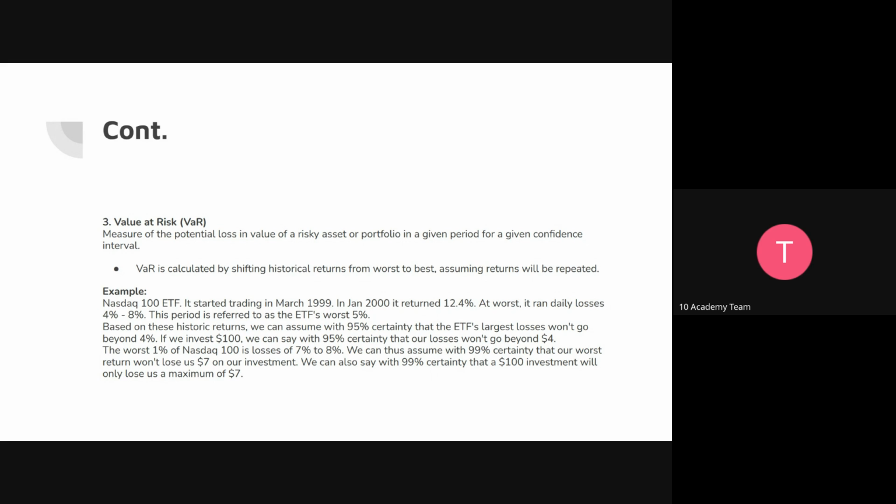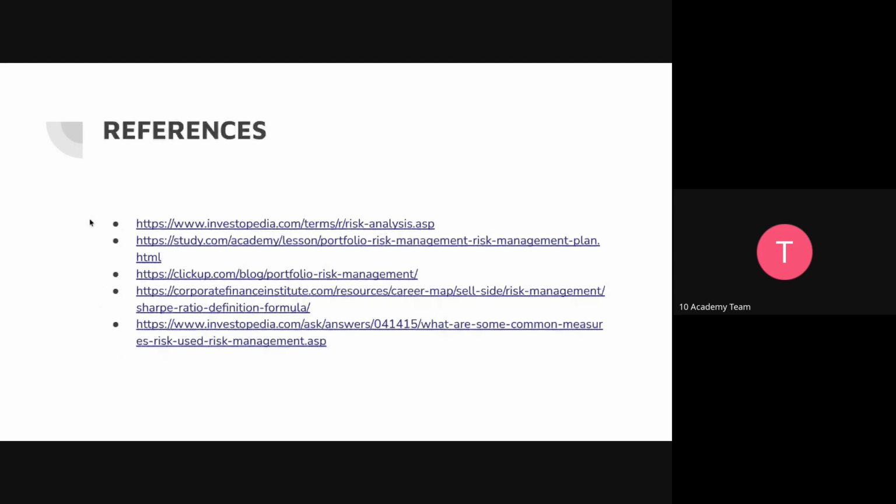Okay. Any questions? Is it clear so far? Because this is the end, basically. I know this tutorial is more theoretical, about the understanding of this.